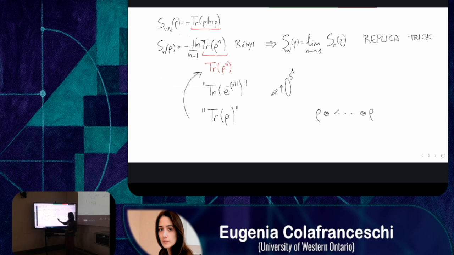If your full state is a tensor product like this, then it's perfectly equivalent. We are going to see that something funny happens with gravity, so that these many copies are actually correlated. But there is a sense in which you are actually considering an ensemble and taking n copies of your system.